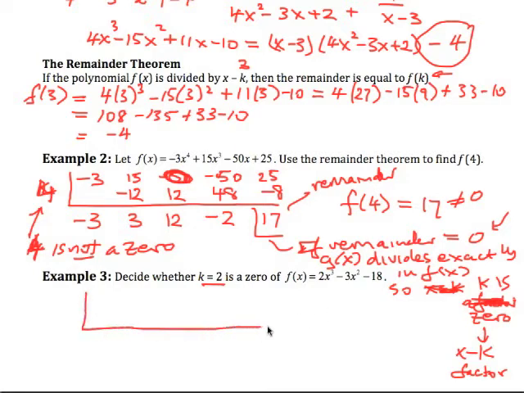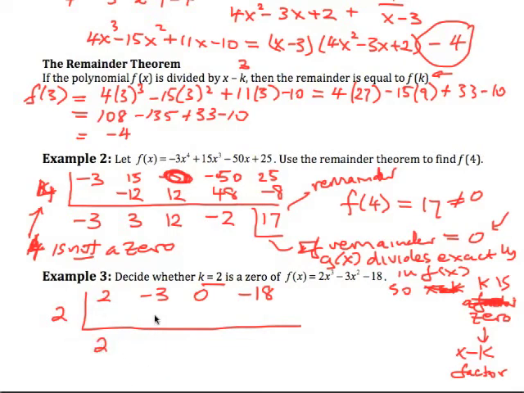So again, we set this up. So we have a coefficient of 2 for x cubed, negative 3 for x squared, we don't have an x, so we'll put a 0, and a negative 18. And of course we're looking for k being 2, so let's put the 2 there.